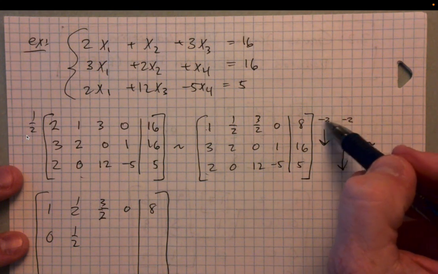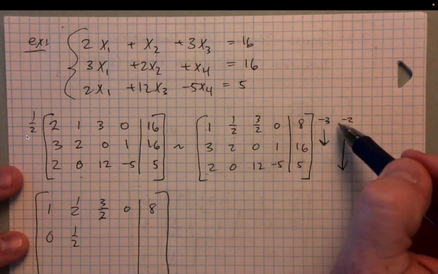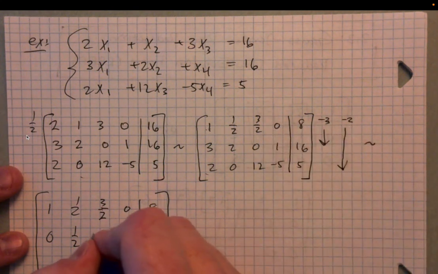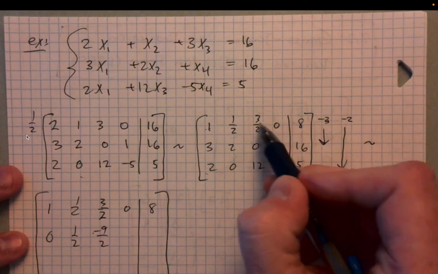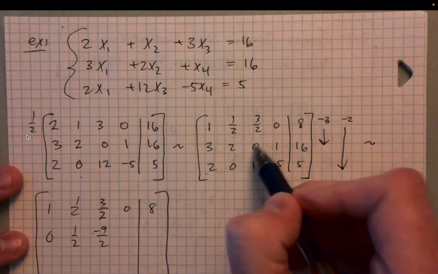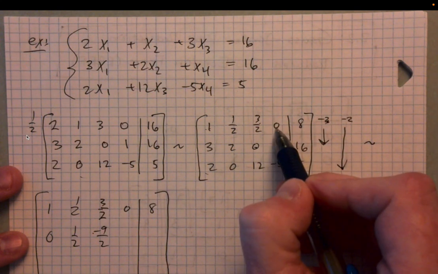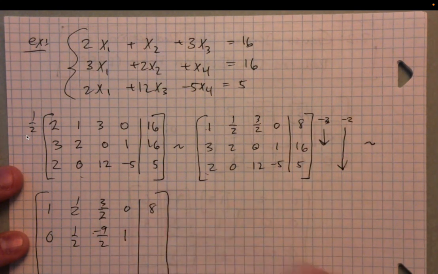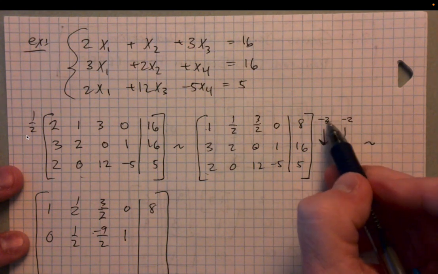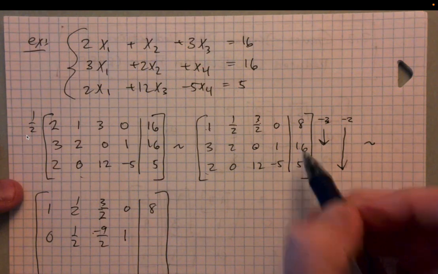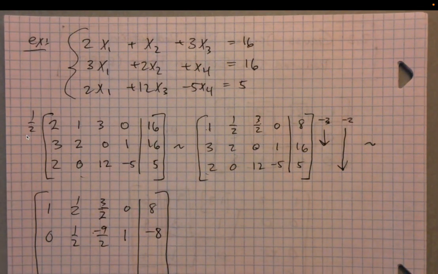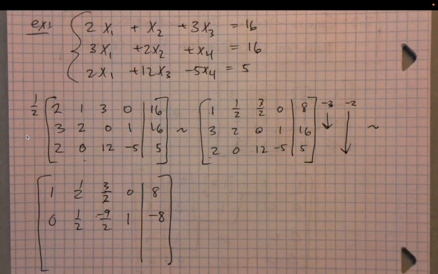And then -3 times 3/2 is -9/2, plus 0 is -9/2. Right? So again, I'm doing this times this plus this. -3 times 0 is 0, plus 1 is 1. And then -3 times 8 is -24, plus 16 is -8. Okay, and so that's our new row 2.